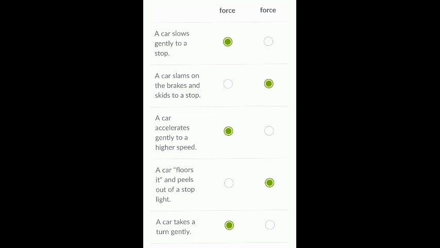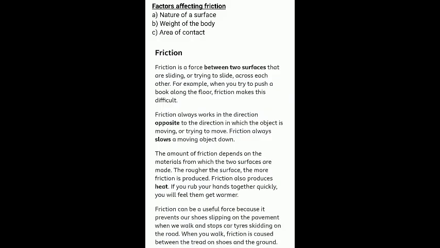Now, factors affecting friction. These are the factors that affect friction: the nature of the surface, the weight of the body and the area of contact. We have come across all these factors. Now, let us revise the concept. Friction is a force between two surfaces that are sliding or trying to slide across each other. We have seen many examples.